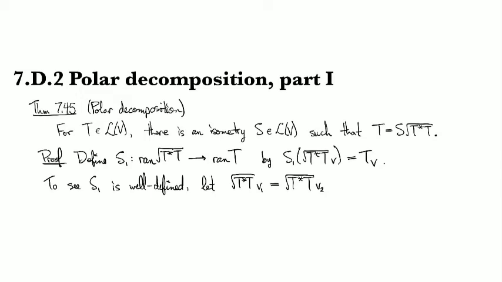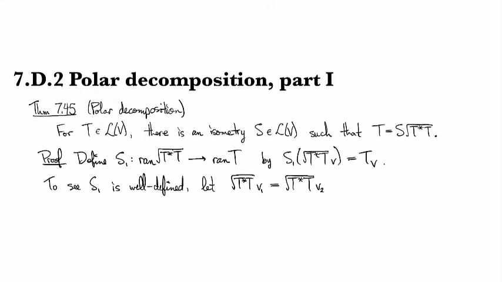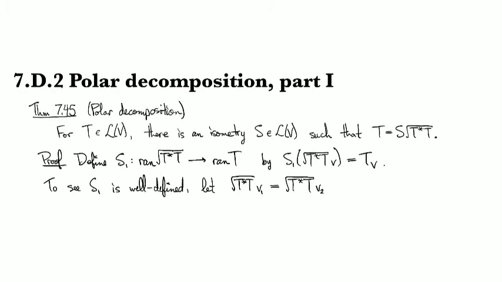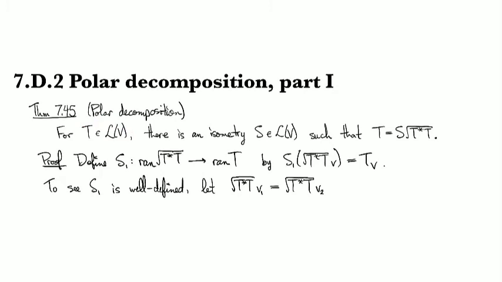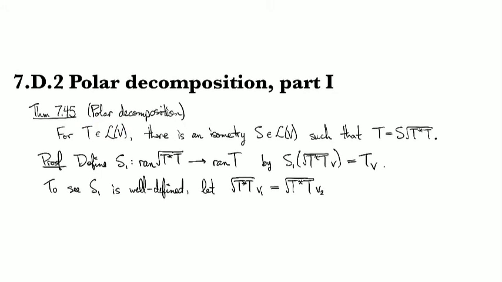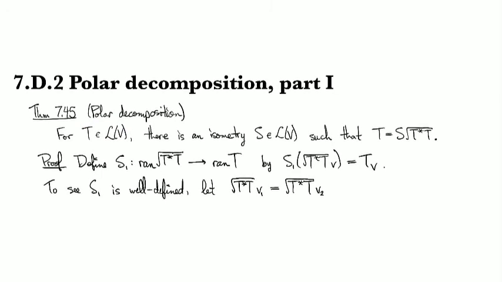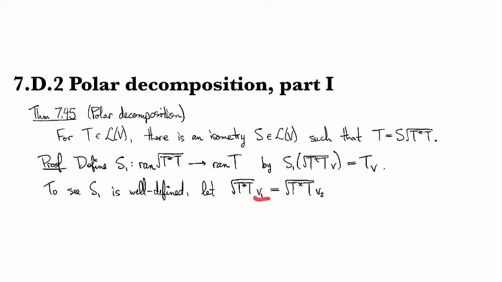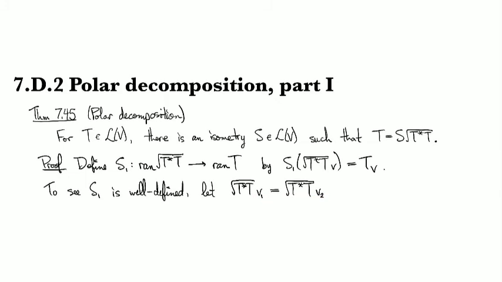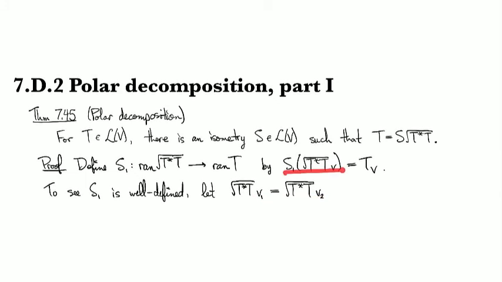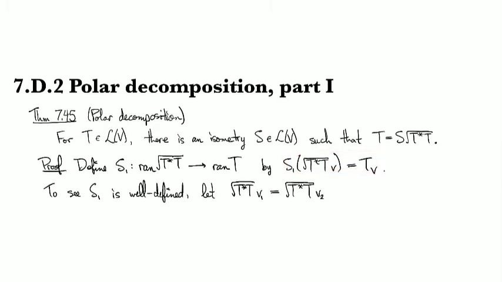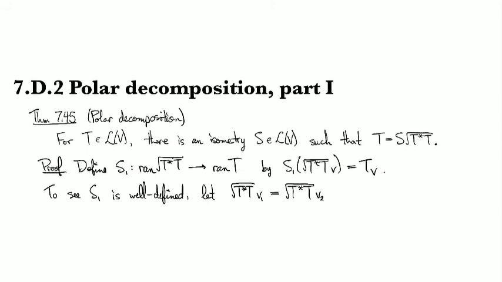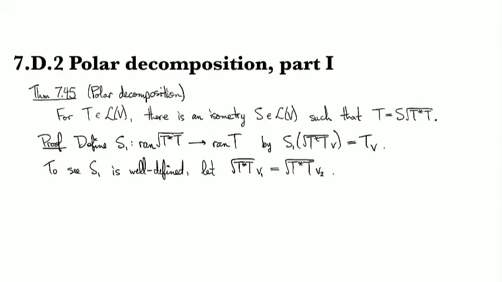We could take the unique thing in the preimage and then apply T to that, and we'd know everything was good. But here's the thing, this is supposed to work for any old operator. There's no requirement that it's injective, right? So what if when we apply this thing to V1 and V2, we get the same thing? Well, then according to this definition right here, we need to have it be the case that TV1 equals TV2 or we're sunk, right? Okay, so that's what I mean by checking that it's well defined.